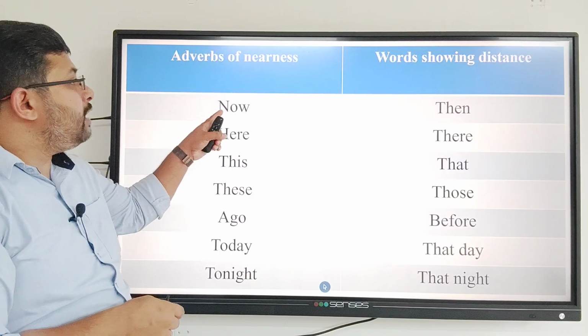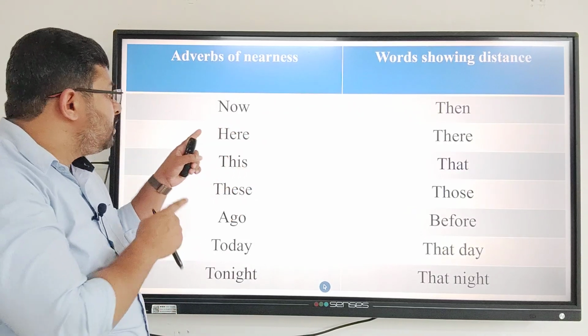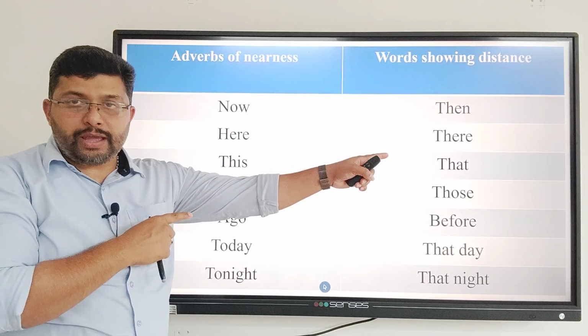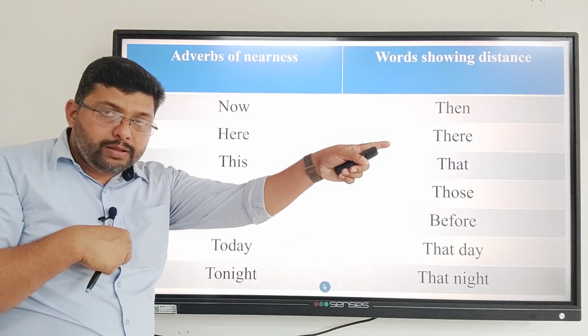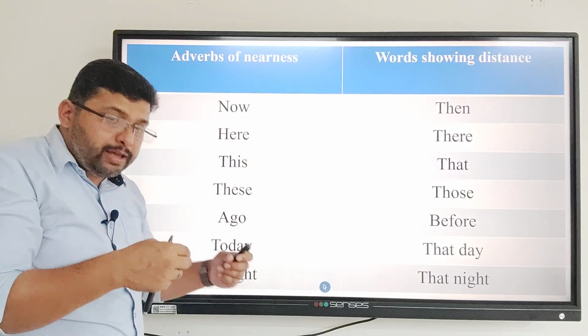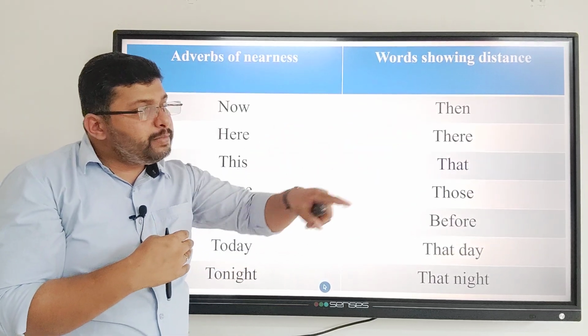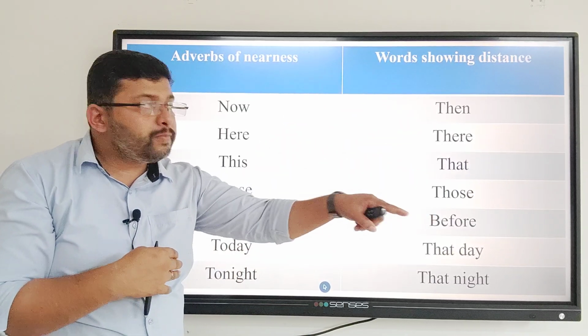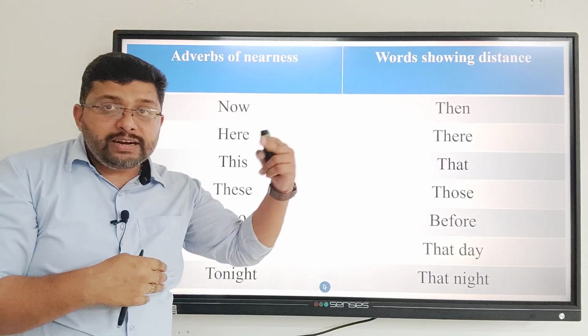See, now will become then. Here, there. Adverb of nearness. Here, nearness means here, close to me. There shows the distance. Okay. Adverbs of nearness will be changed into words showing distance.